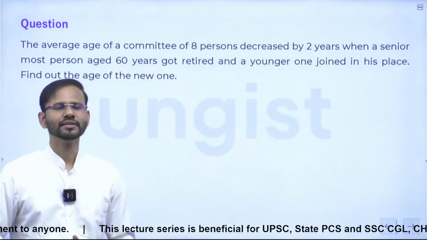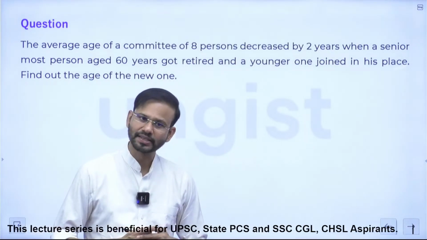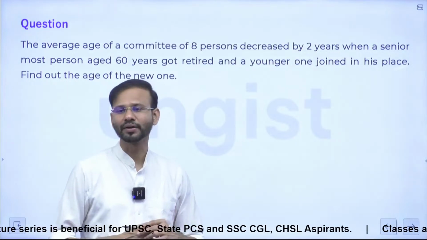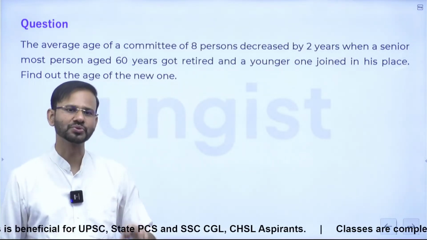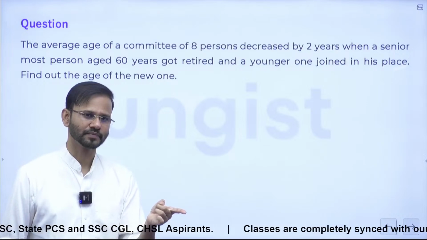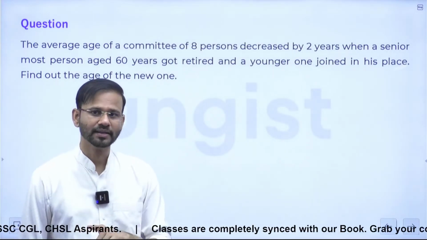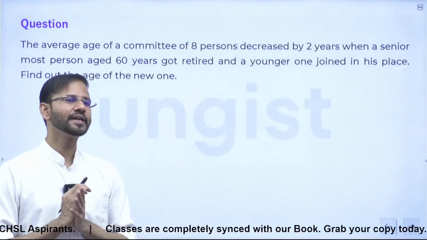Just tell me, friends, if the average is decreased by 2 years, what does it mean? It is a contribution of -2 to each candidate. So what is the total contribution? 8 into -2, so the total contribution is -16. And where did this -16 come from?